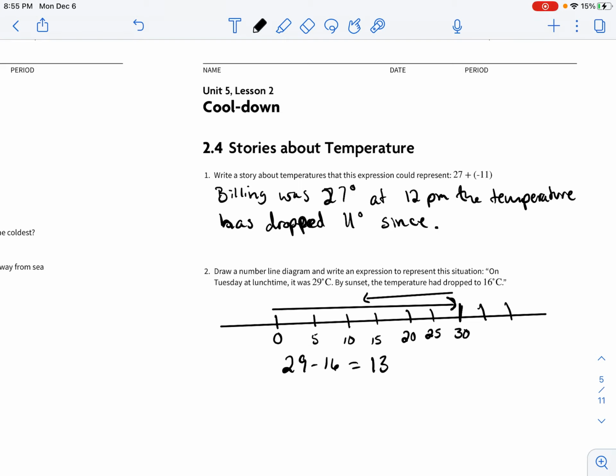And that 29 on this number line is just kind of an estimate about where it falls. And then from that 29, it gets colder, so you're subtracting or moving to the left, and that would be 16 degrees. So 29 minus 16 equals 13, and that would be the equation to represent what's going on here in this graph.